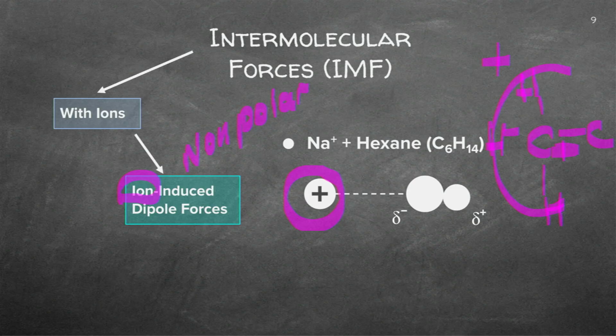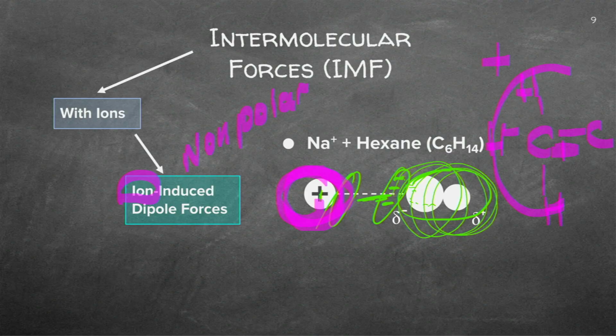So interesting, this very positive ion will induce a charge on this non-polar molecule. What will it do? It's positive. It will draw the electrons to this side very temporarily. It will be a very, very weak bond. But the negative and the positive will, in a time span of milliseconds, attract. And as soon as these negative electrons move away again, they will break.